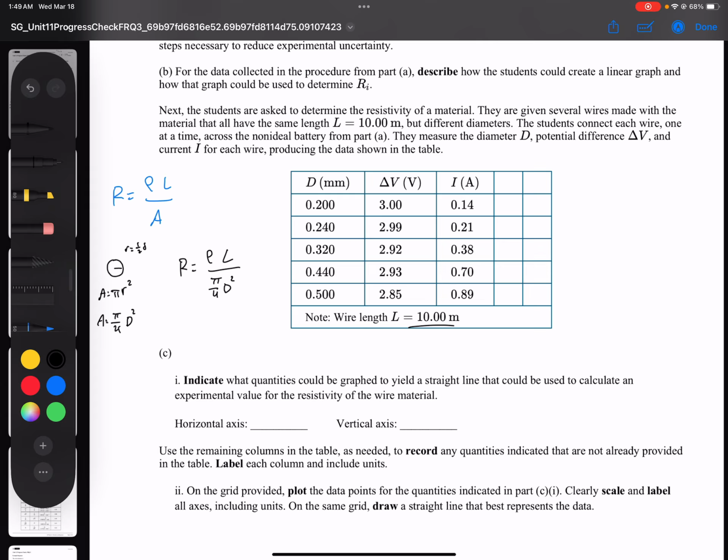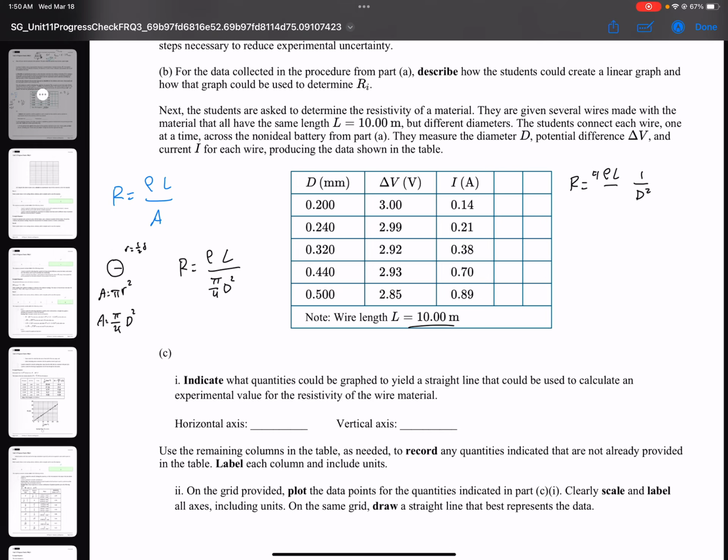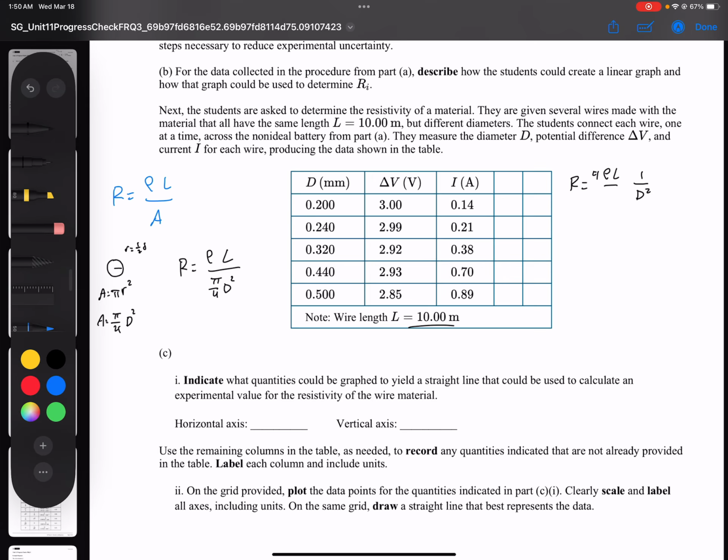So let's see here. We know that we have R is equal to rho times L over pi over 4, okay, times 1 over D squared. Okay, so here, let's just rewrite this as 4 times rho times L over pi.